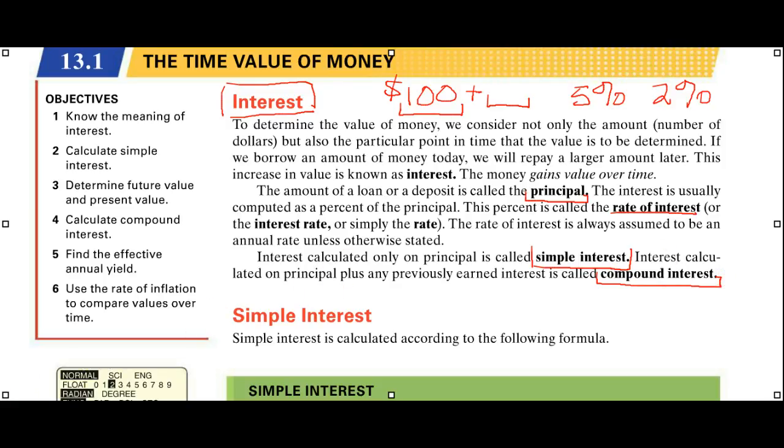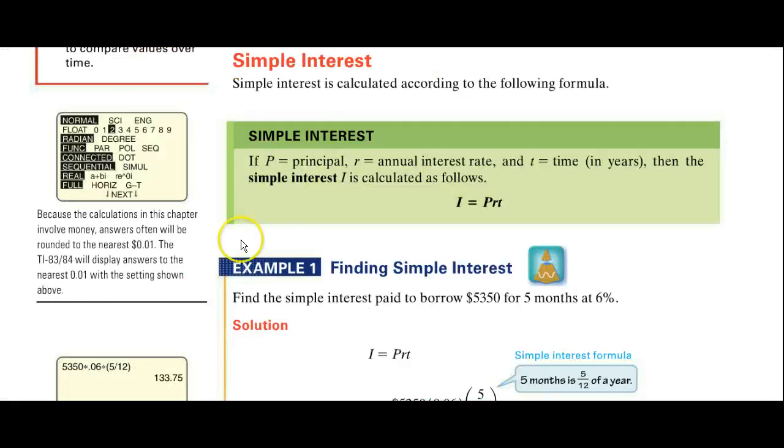All right, so let's take a look at simple interest. So the formula for simple interest is written up here. The interest, that is the amount of money that you're going to have to pay or that you've earned in some cases, results from the principal, the $100, times the rate, let's say 2%, times the time.